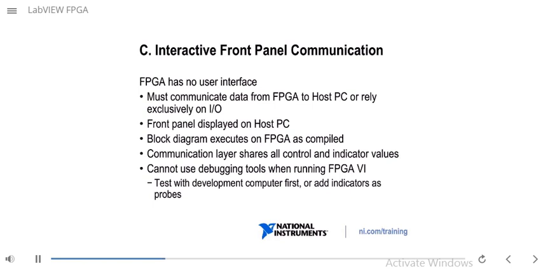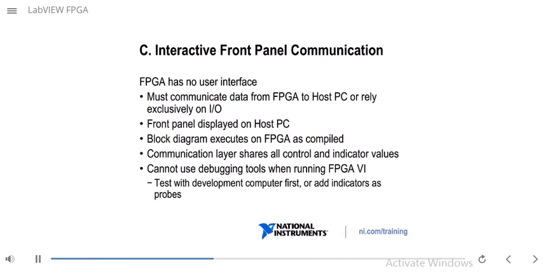So the functionality defined on your block diagram is actually compiled and executing on the FPGA chip itself. Also, there's a communication layer that shares all control and indicator values. Every control and indicator placed on your top-level FPGA VI is communicated from the FPGA chip back up through the bus to your host computer.